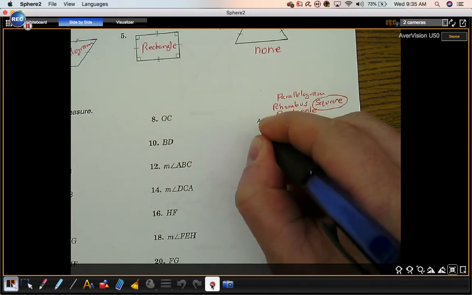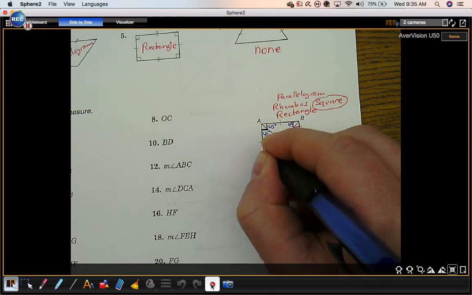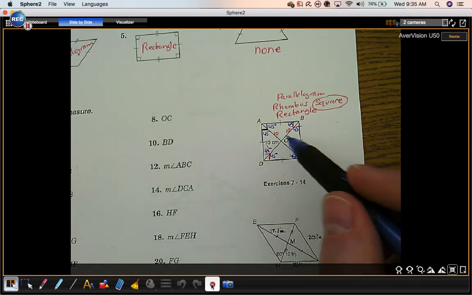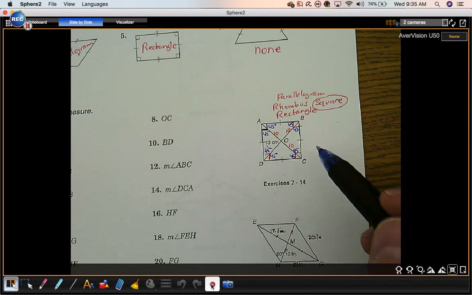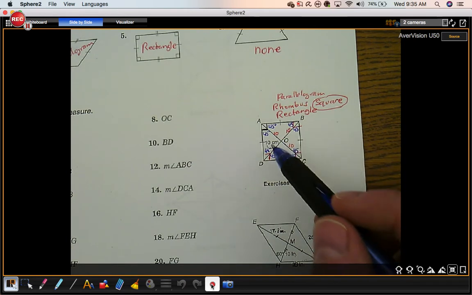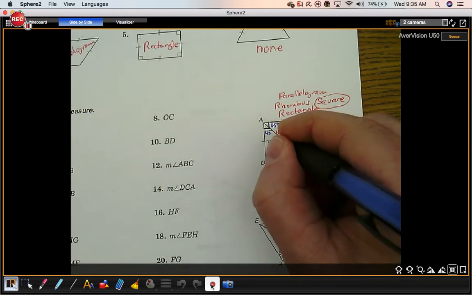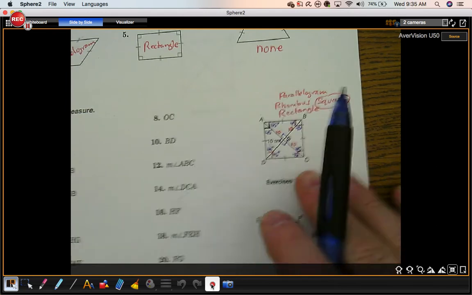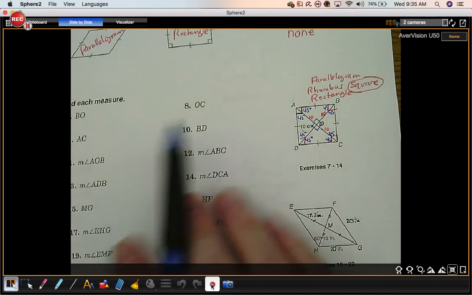So each of these pieces is 45 degrees. If it helps you, remember that these 4 triangles in a square are congruent right isosceles triangles. So these angles are 90 here as well. Now, that work that I just did answers all of these questions from 7 to 14.